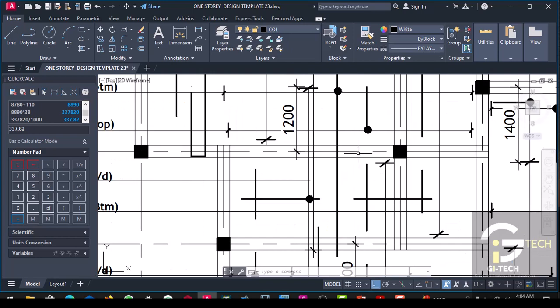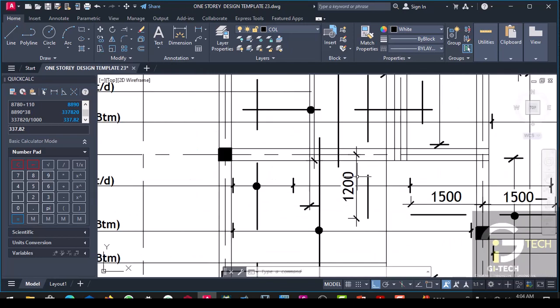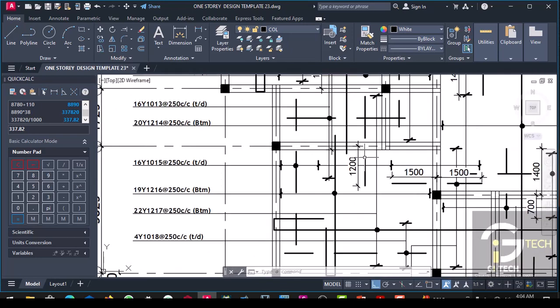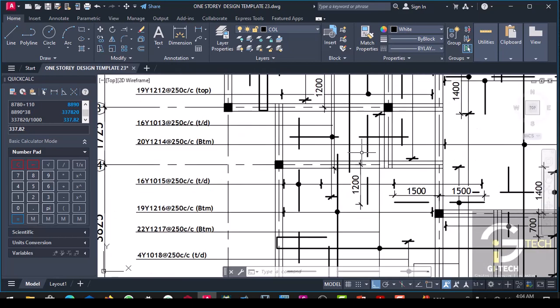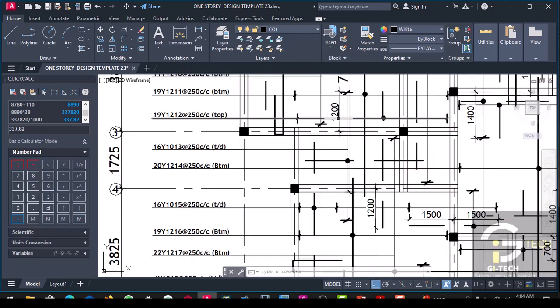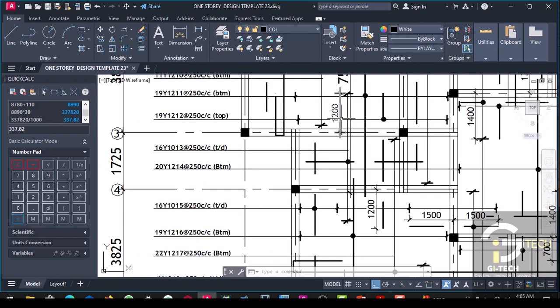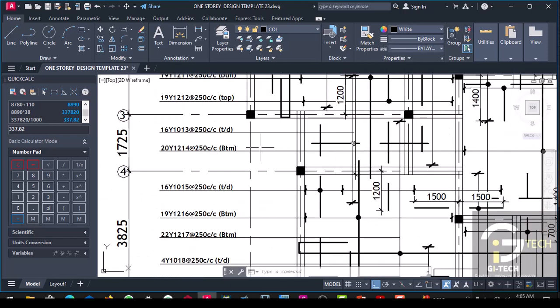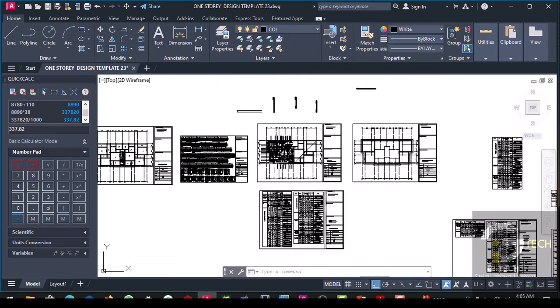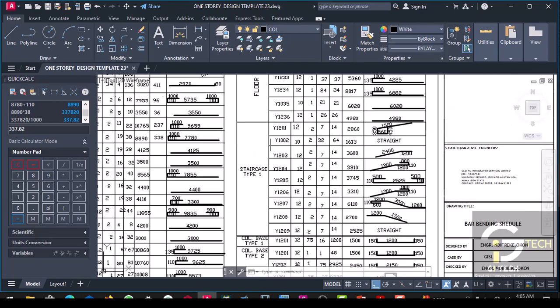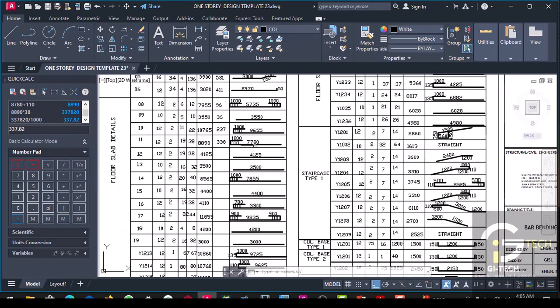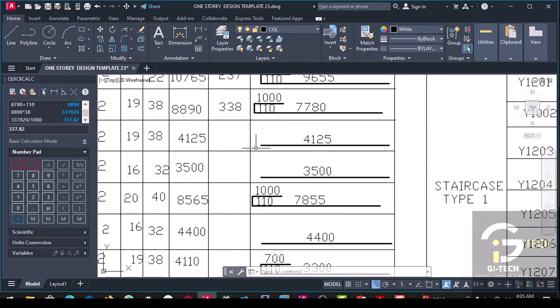So we have 1200, and we also have here 1200. We add this up, it will give us 2400. Then we add 1725. So when you add that, you will have 4125.